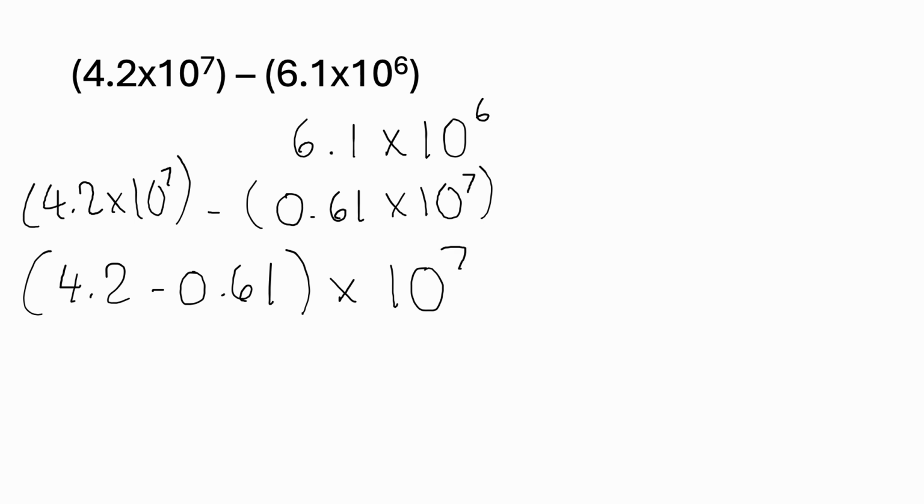So we do 4.2 subtract 0.61, which we get as 3.59 times 10 to the power of 7. And is this in standard form? Let's see. Yes, because our 3.59 is between 1 and 10. So it is already in standard form. Well done. Good. Lovely.